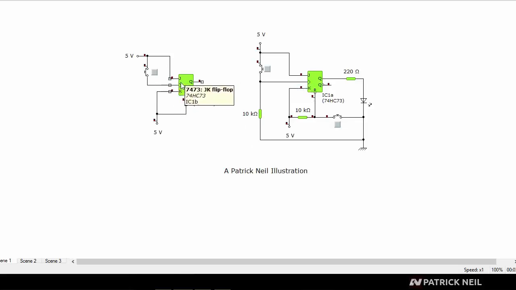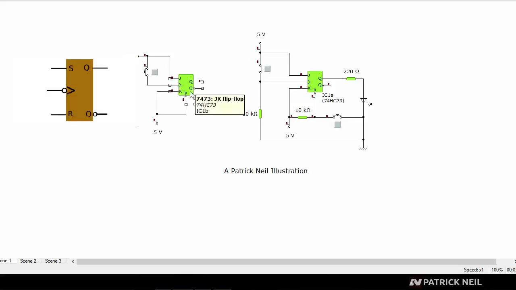So anytime you see this little arrow, that is the clock input. And when it's a positive edge, it will look just like this. However, if it's a negative edge, it will have a bubble, just like this little tiny bubble right here.